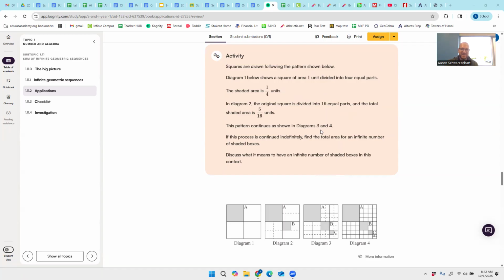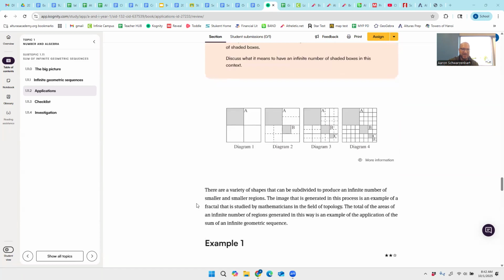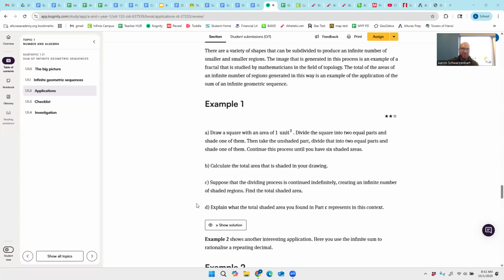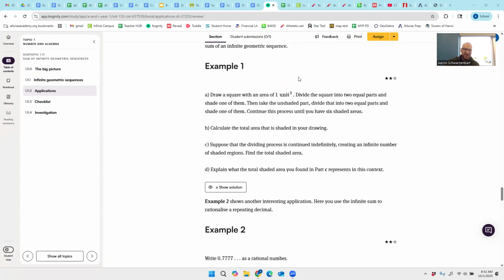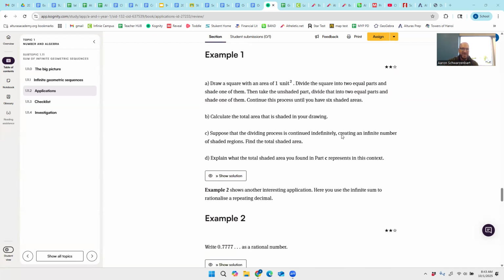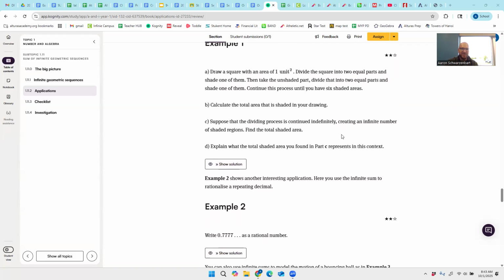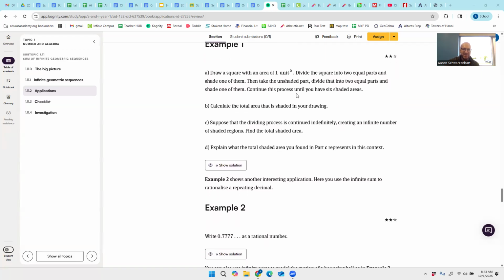The ratio is 1/4. Same idea. So draw a square with the unit divided into 2 equal parts and shade one of them. Then take the unshaded part, divide it into 2 equal parts, shade one of them. So we're doing half, right? Calculate the total area of your drawing that is shaded. Continue until you have 6 shaded areas.